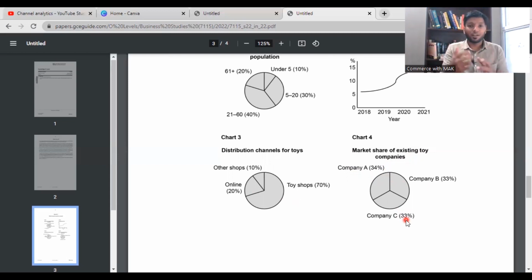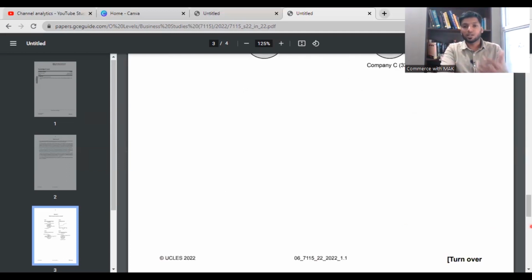It's going to be a very tough, competitive market. These three companies taking the entire market can be an oligopoly. What's an oligopoly? Few sellers taking the entire market. So here that is happening, and as a firm, you should be very seriously concerned about the prices you're going to charge in this market.